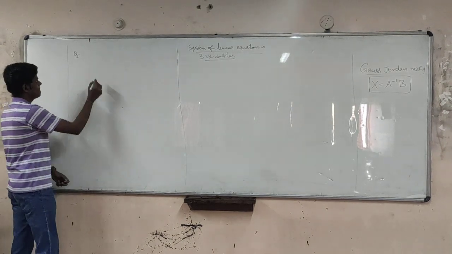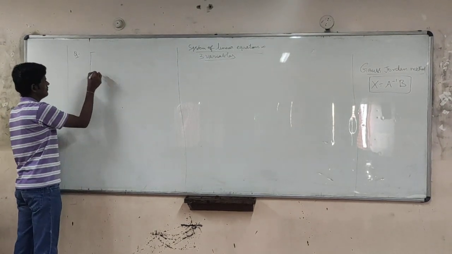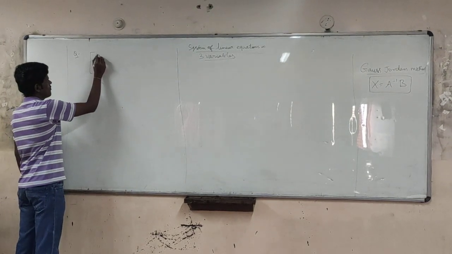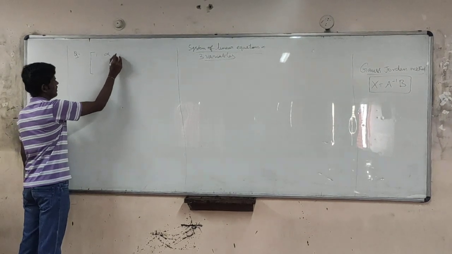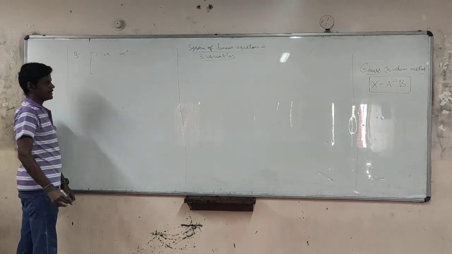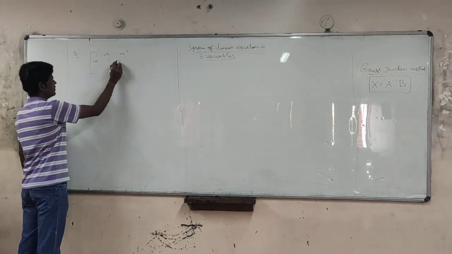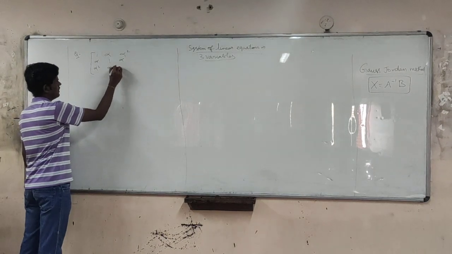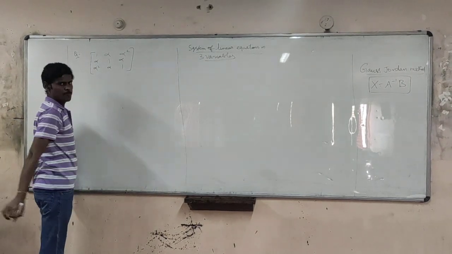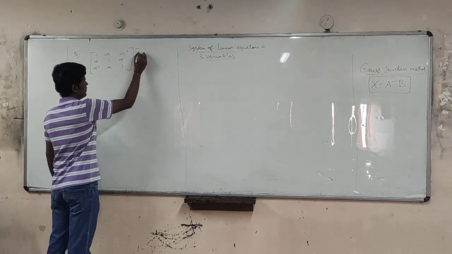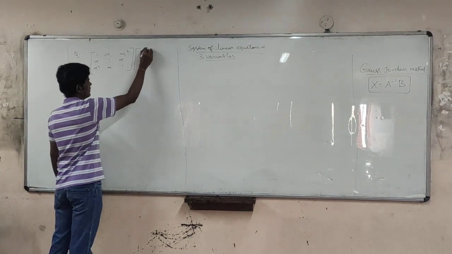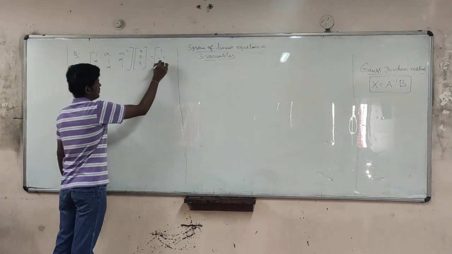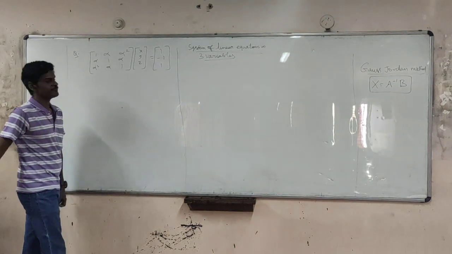Question is, we are given the matrix [1 alpha alpha square; alpha 1 alpha; alpha square alpha 1] into [x y z] equal to [1 -1 1].